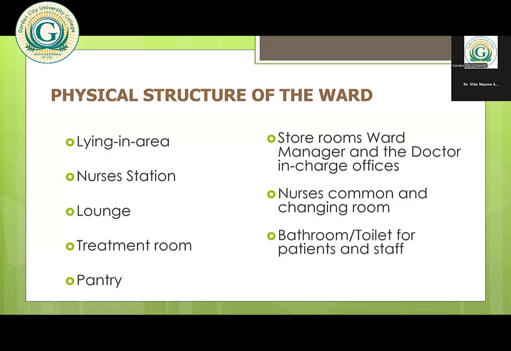So as I said, for the physical structure, the ideal ward is to have all these features. Lying in area, nursing station is very important, lounge, treatment room, store rooms, ward manager and the director in charge offices, nurses common and changing room, bathroom, toilet for patients as well as the staff.